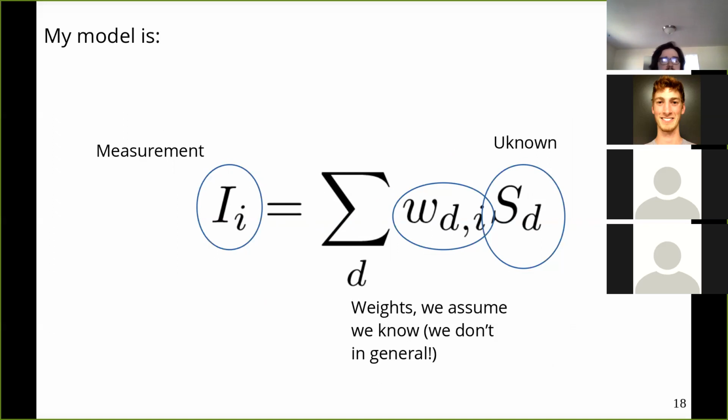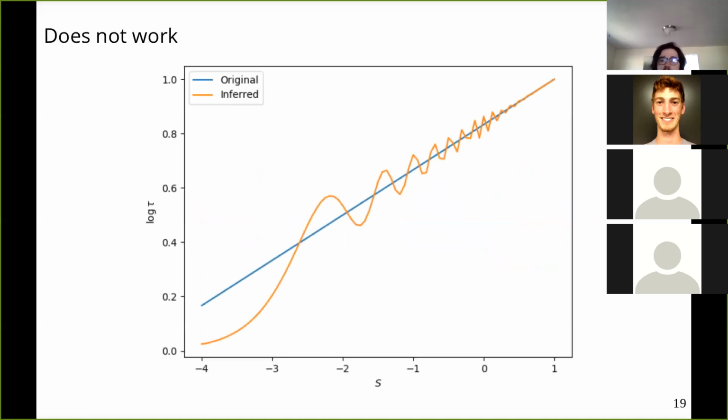In practice, this is much more complicated. There are many things influencing the solution of this integral and so on and so on. But even for a super simplified problem, I'm getting this oscillatory behavior. Why is this so? Does anybody have an idea? You can write in the chat if you want.